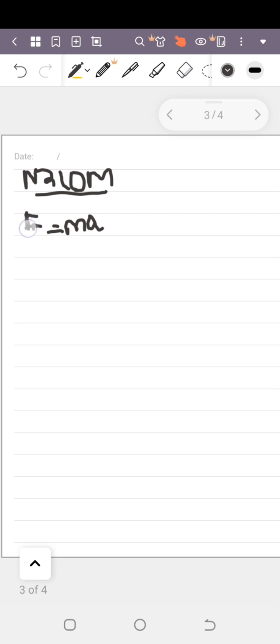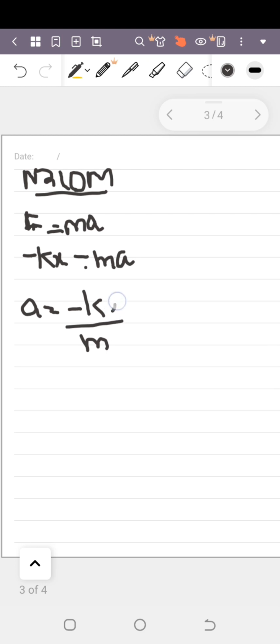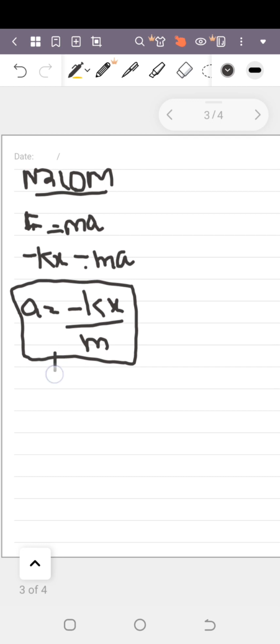And here we have force is equal to minus kx is equal to ma. To find the acceleration from here, it will be a is equal to minus k upon m into x. And this acceleration is for what? This is the acceleration for the spring, the mass spring system.